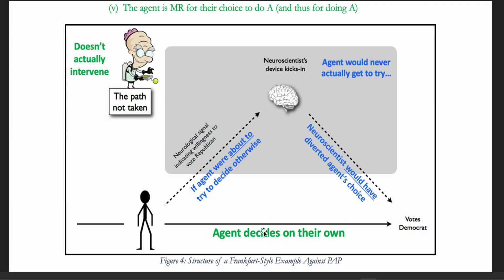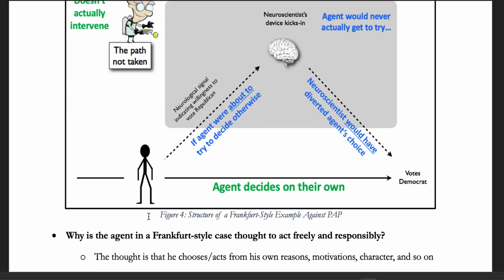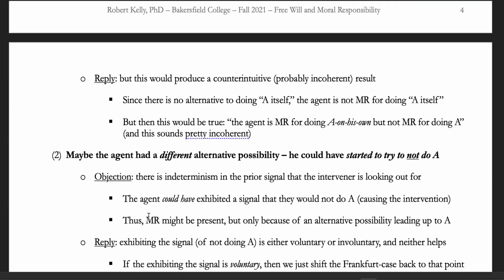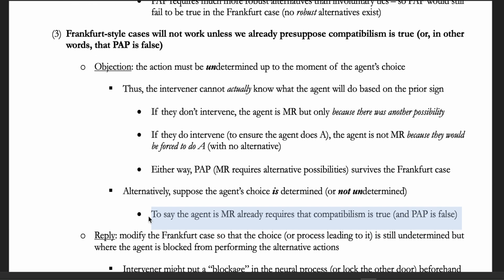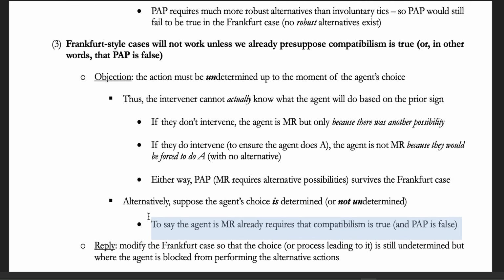But if this is not determined, like it's supposed to not be here, that's why the signal stuff is here, because they don't want this to be determined. But if it's not determined, then the neuroscientist can't really wait because he doesn't know what's going to happen. And if he doesn't know what's going to happen, he needs to intervene. He needs to intervene, right? But then that would be forcing.